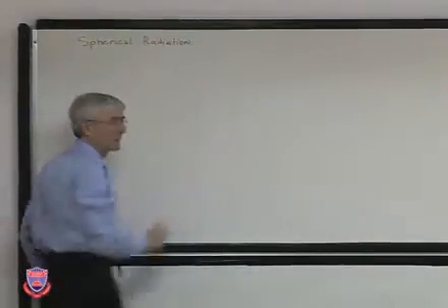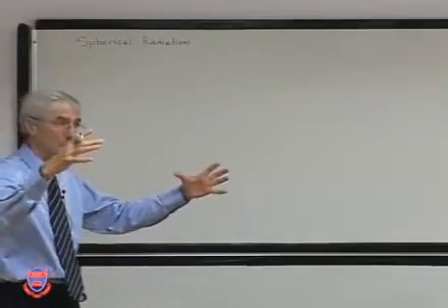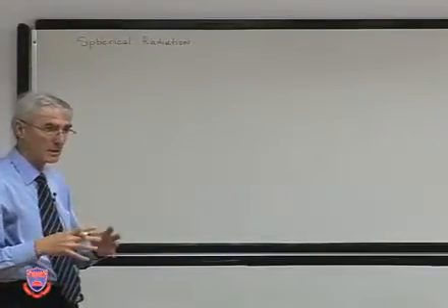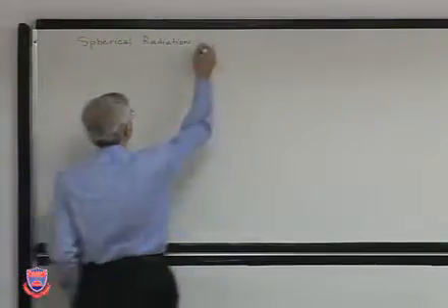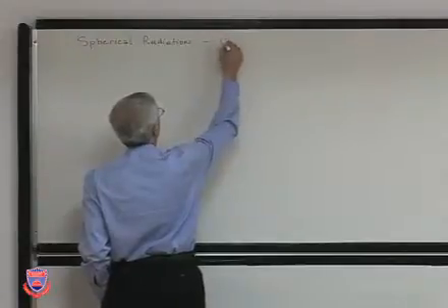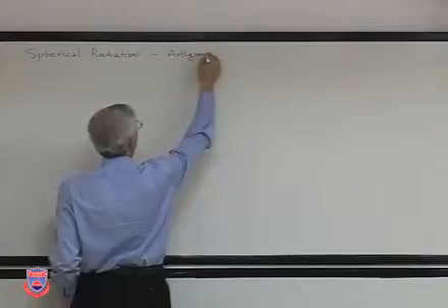When we say radiation, that means it's radiating from a source. It emanates, it goes away from a source. So, spherical radiation. And let's look at the case of an axisymmetric source.